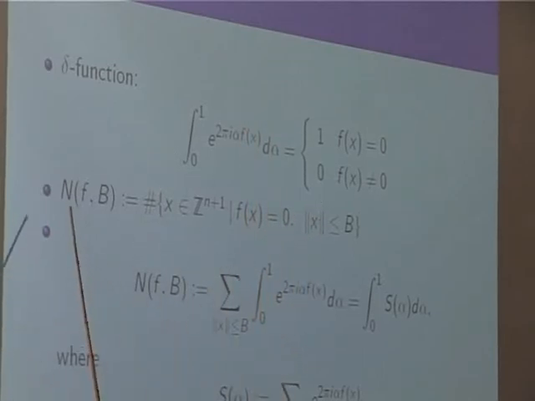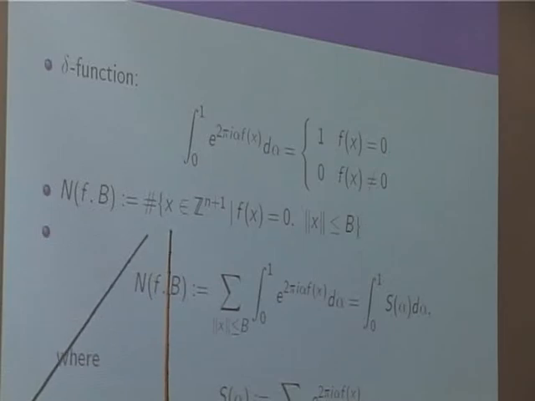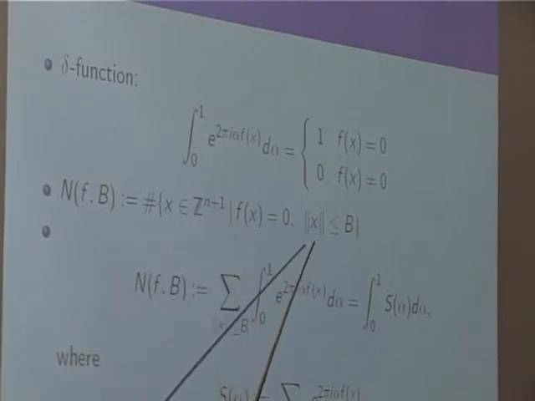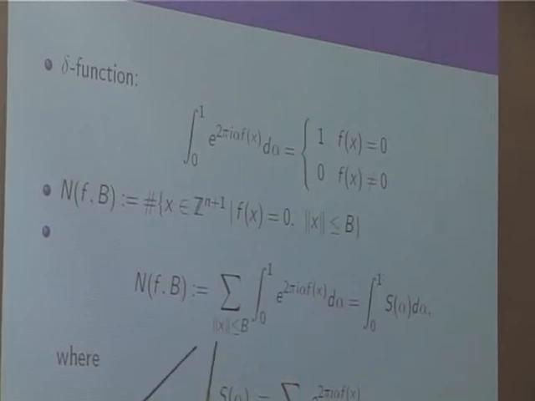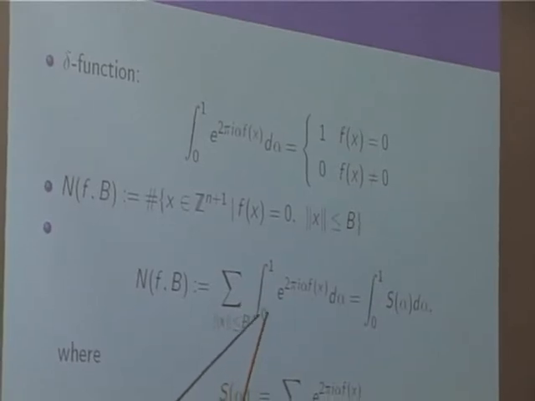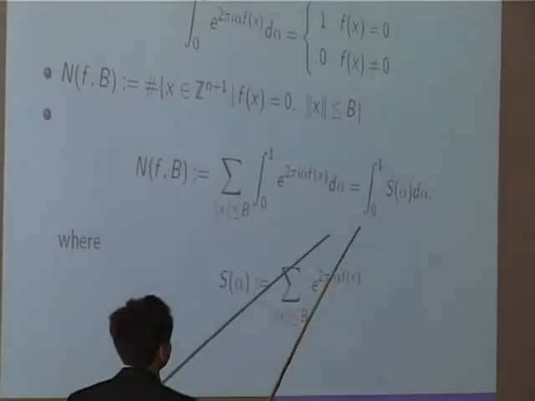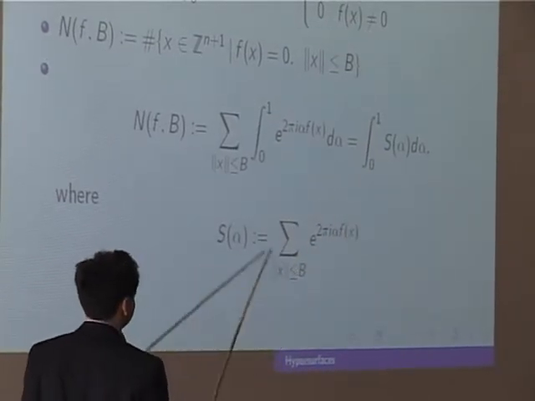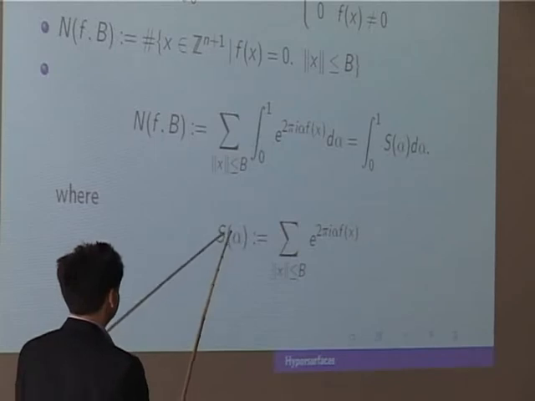Now we want to count all the x's in Z to the n plus 1 with f of x equal to 0 of bounded size, and you write the sum over all the x's of this delta function. It's a finite sum, so we interchange, and we have the integral from 0 to 1 of a function of alpha.